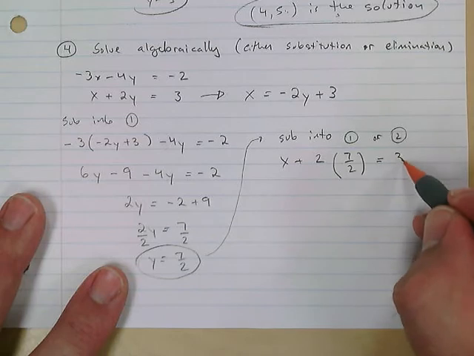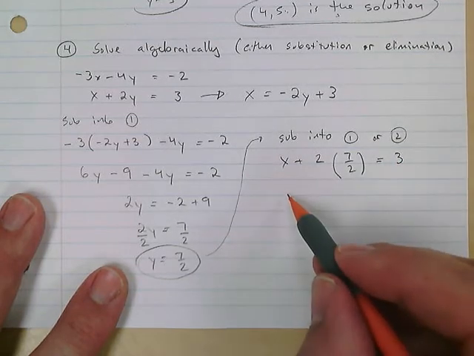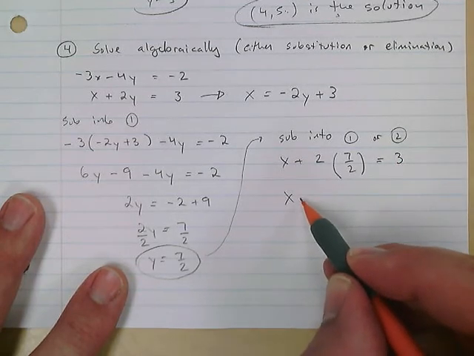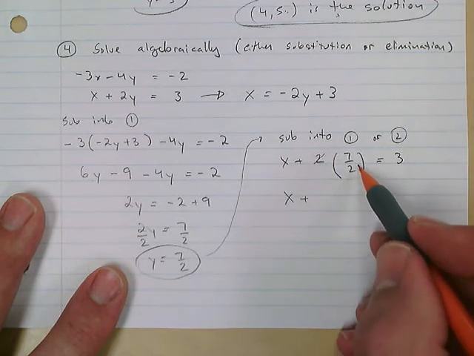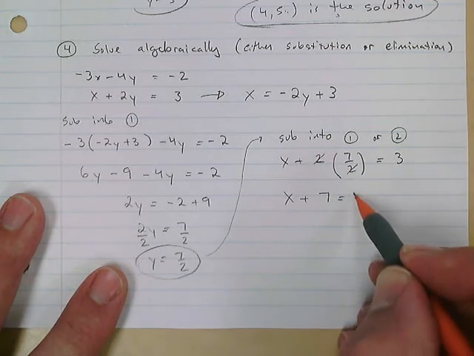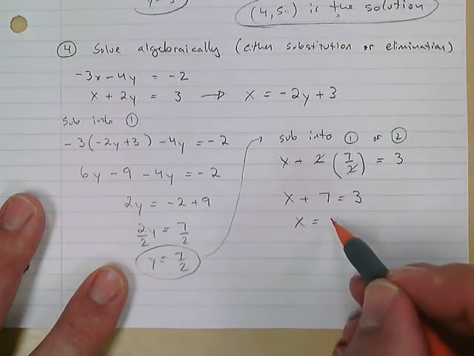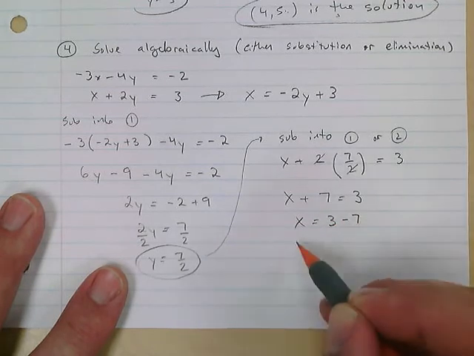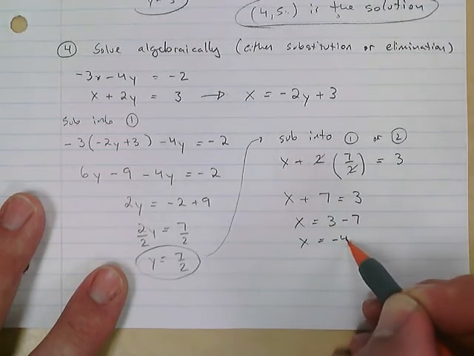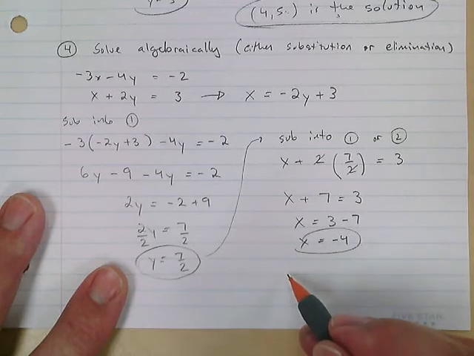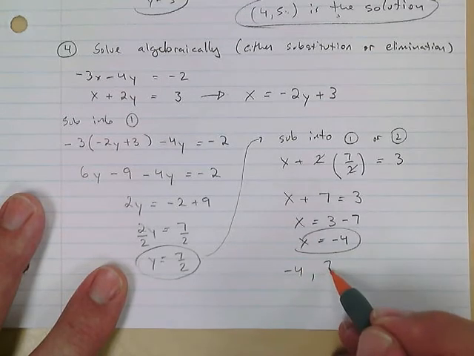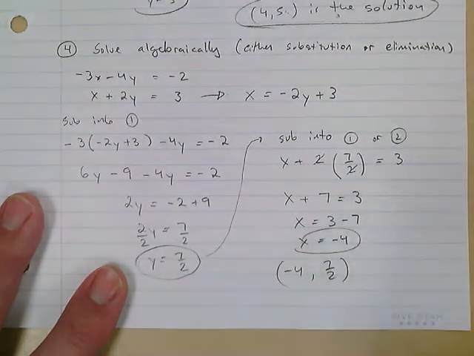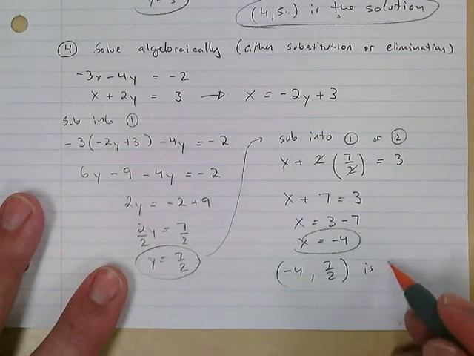And that is equal to 3. And so x plus, I know that this 2 cancels with that 2, so it's really 7 is equal to 3. X is equal to 3 minus 7, x is equal to negative 4. Okay, so negative 4, 7 over 2. And let's just say that is the solution.